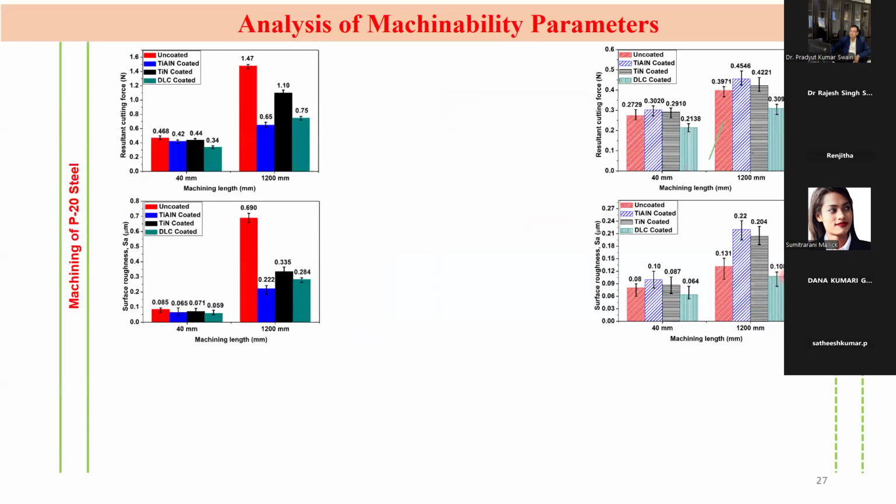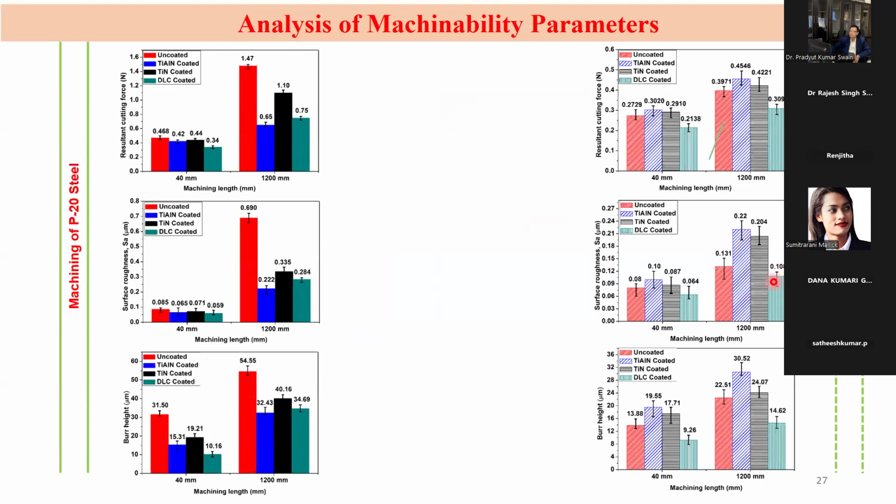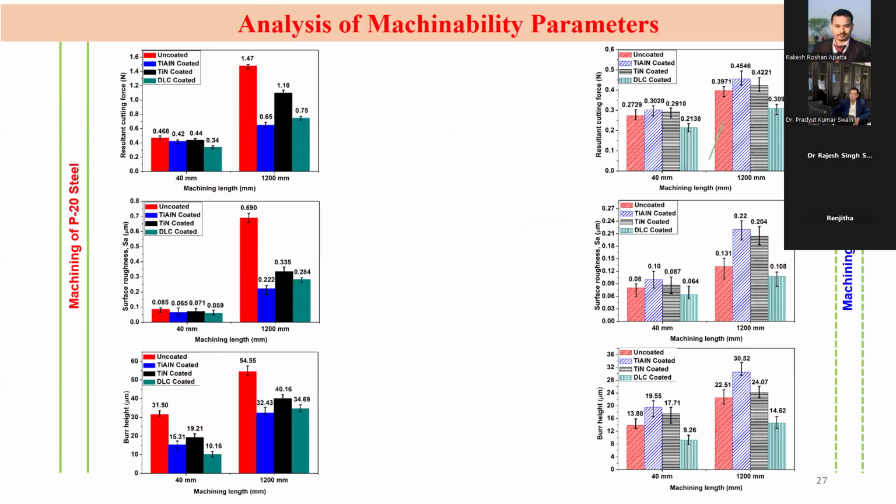So overall, for the resultant cutting force, surface roughness, and burr height, you can say that for machining of P20 steel, all the coated tools outperformed the uncoated tool. However, for machining of titanium alloy, the TiAlN and TiN coated tools could not exhibit better performance compared to the uncoated tool.